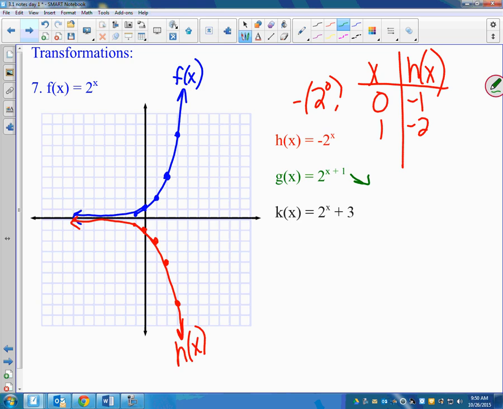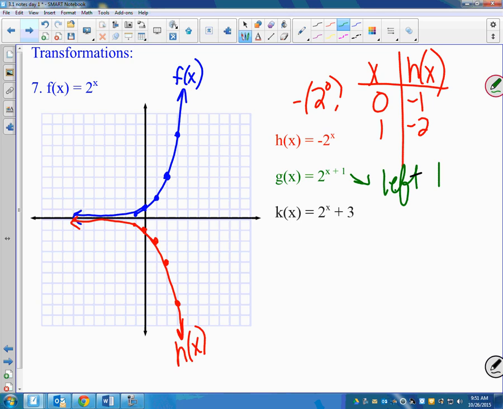You tell me, is that inside the function or outside the function? One of these is inside, one of these is outside. Inside, right? So up in the exponent is inside. So which direction is it going to be? Left, because it's the opposite of what you normally think.